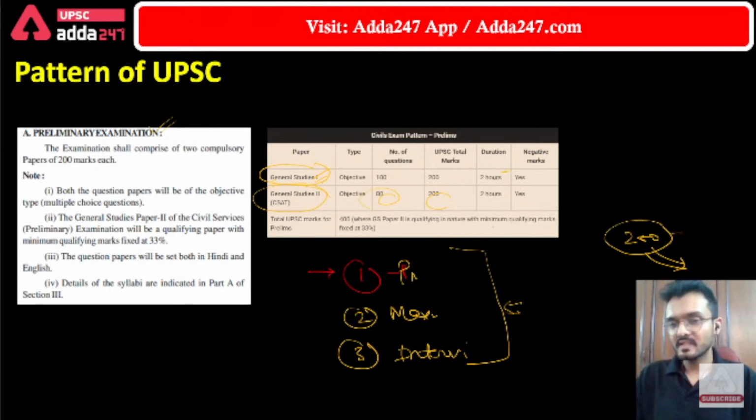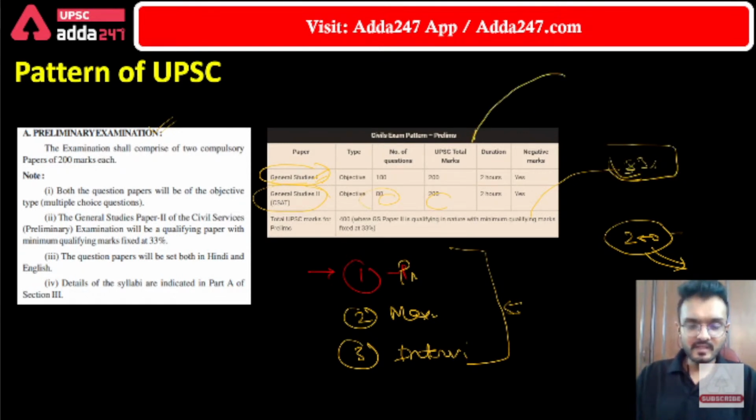But the major thing regarding the CSAT is that the student just has to clear this exam by gaining 33% marks in this paper. So to get a name in the merit, the student has to get more marks in GS paper 1, and basically it decides whether the candidate will write the mains or not. Okay students, so this is regarding the preliminary stage.